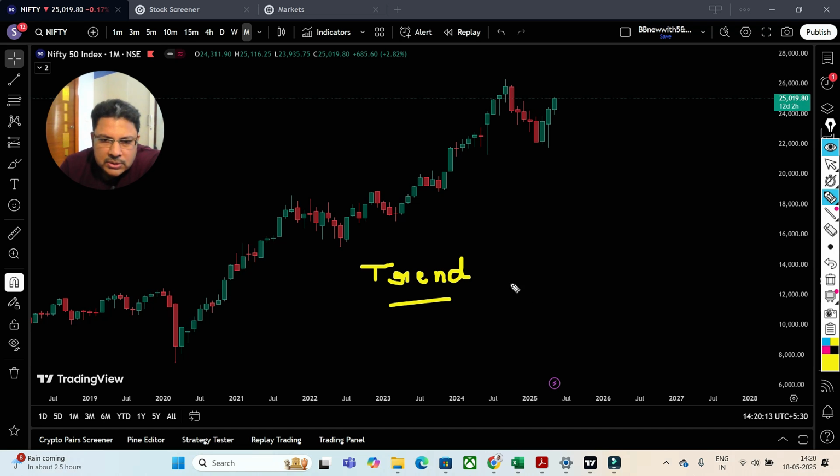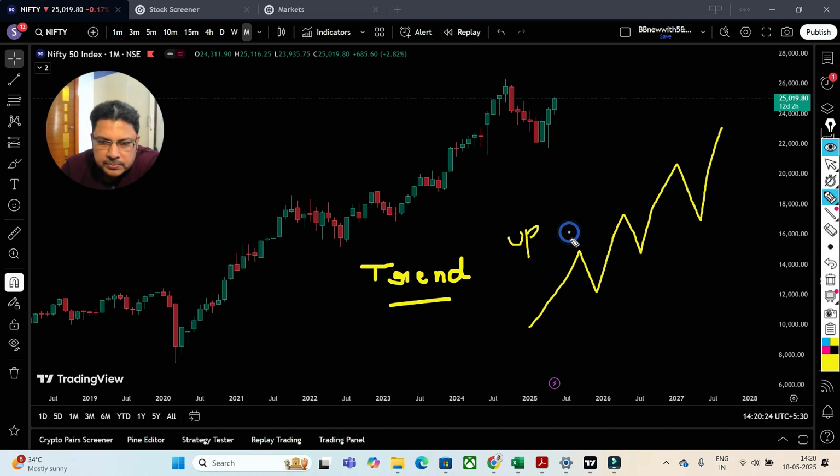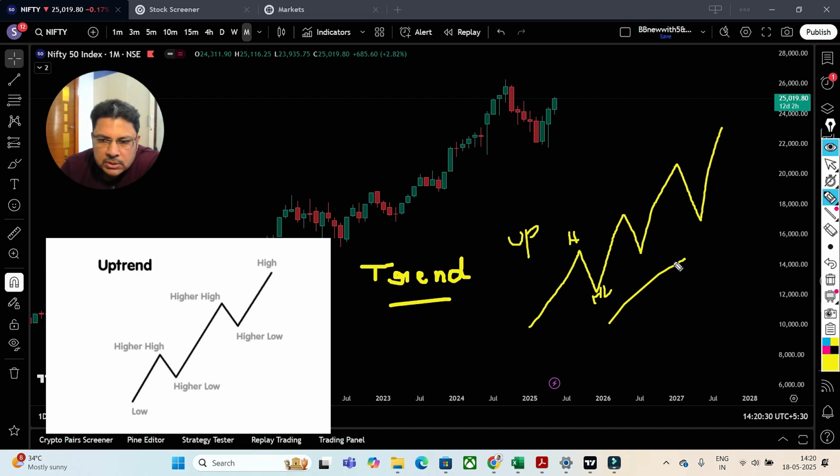Your trend is always about, what is an uptrend? An uptrend is this. This is your higher high. This is your higher low. So this is your uptrend.